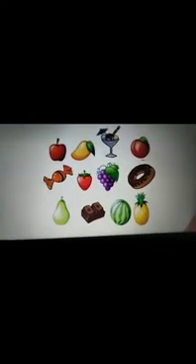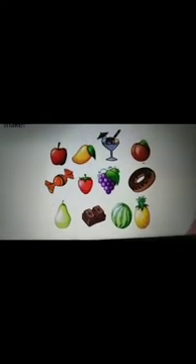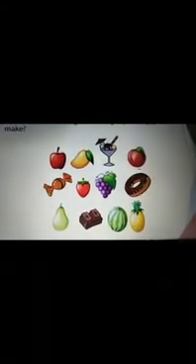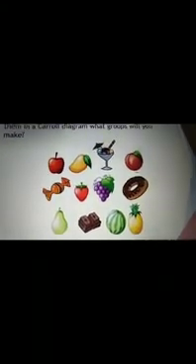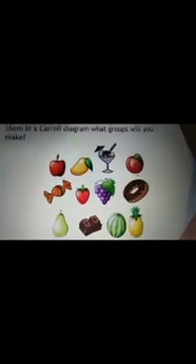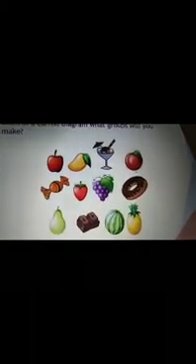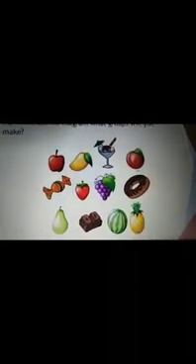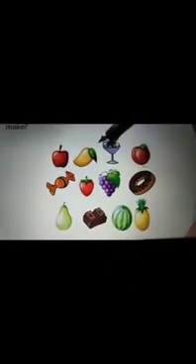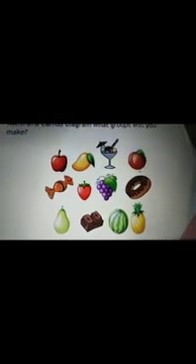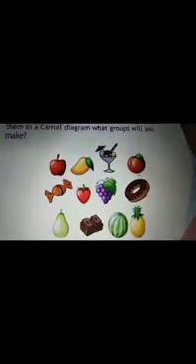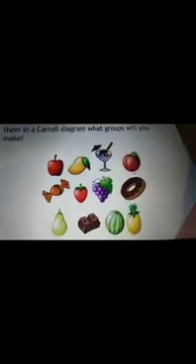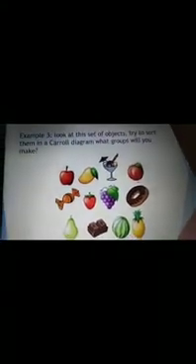So, we can use a Carroll diagram to organize these objects using two ways. We can say that the first group is a fruit group and the second group is not a fruit. Or we can sort them according to sweet or not a sweet. So we can say the first group is a sweet group and the second group is not a sweet. Let's see together each one of them.